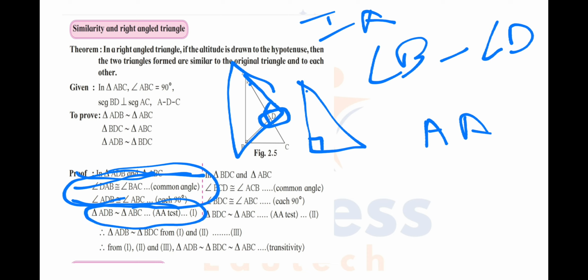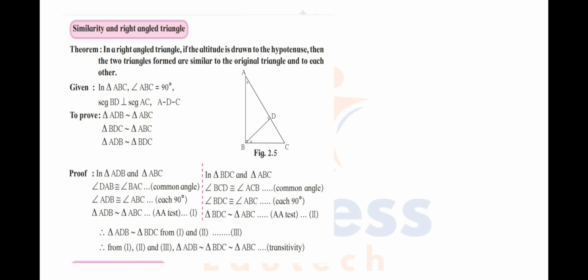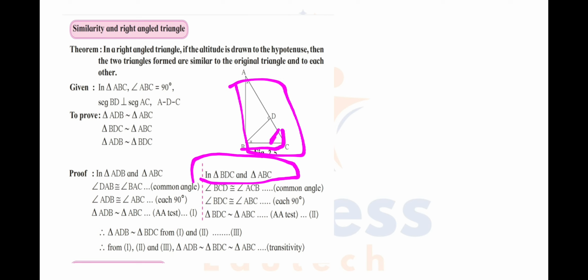Similarly, again for the next, I am taking triangle BDC and ABC, the whole triangle and one small triangle. Angle BCD is congruent to angle ACB.